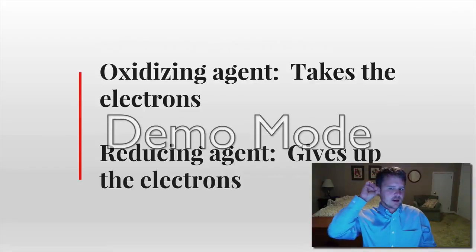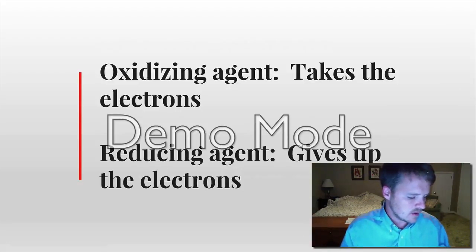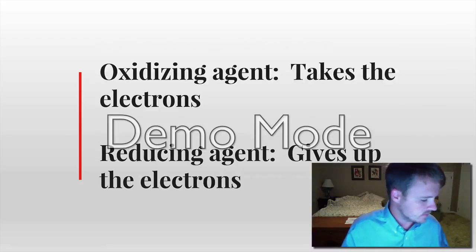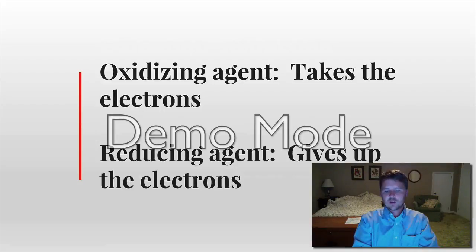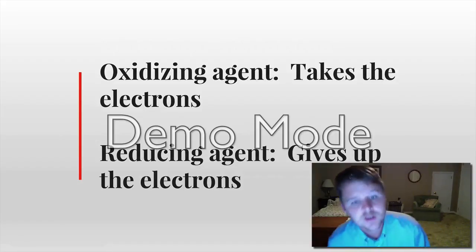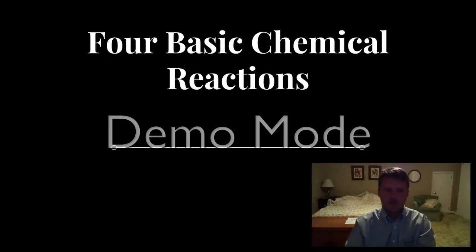So the oxidizing agent takes the electrons, and the reducing agent gives up the electrons. This is one way to classify reactions. I want you to be able to identify the reducing agent and the oxidizing agent. I mean, it's right here on the slide, so you should know that anyways.